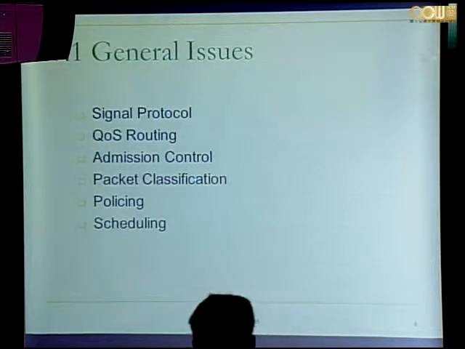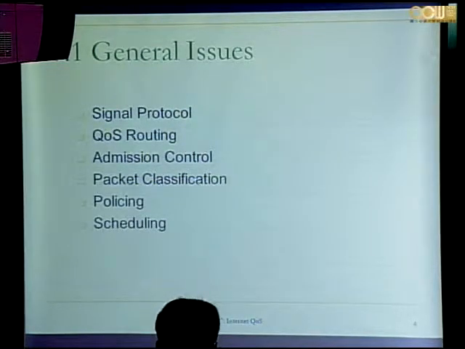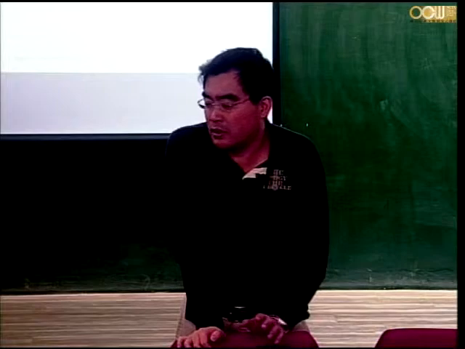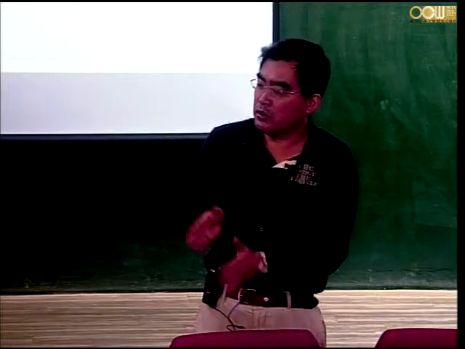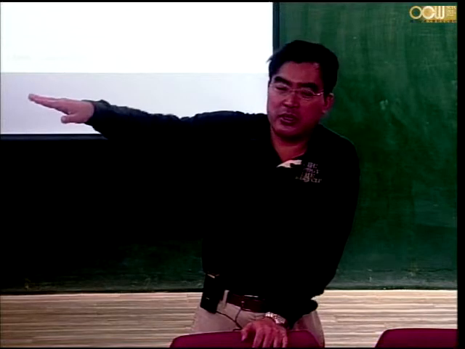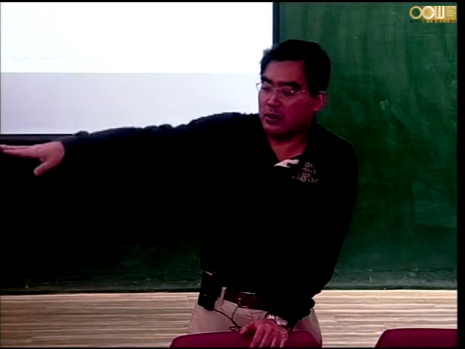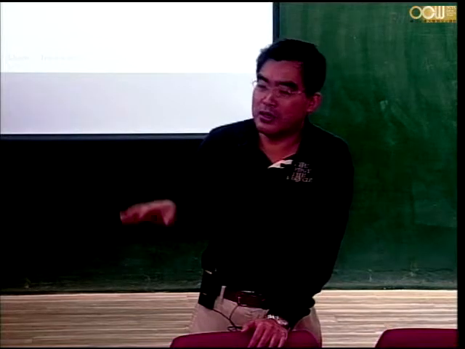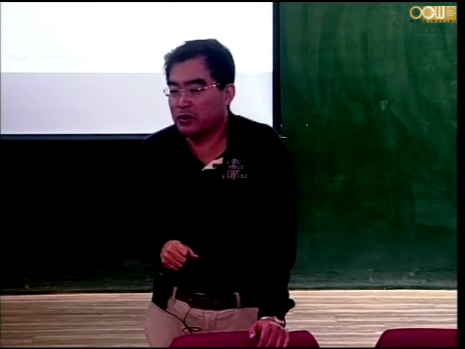But how do I know it actually is sending 3 megabit per second, but not more? Perhaps it's sending 5 megabit per second. If a flow wants to take advantage, it will declare I will send 3 megabit per second and get admitted. But when I start to flow, I send 5 megabit per second. Then I'm taking advantage, right?